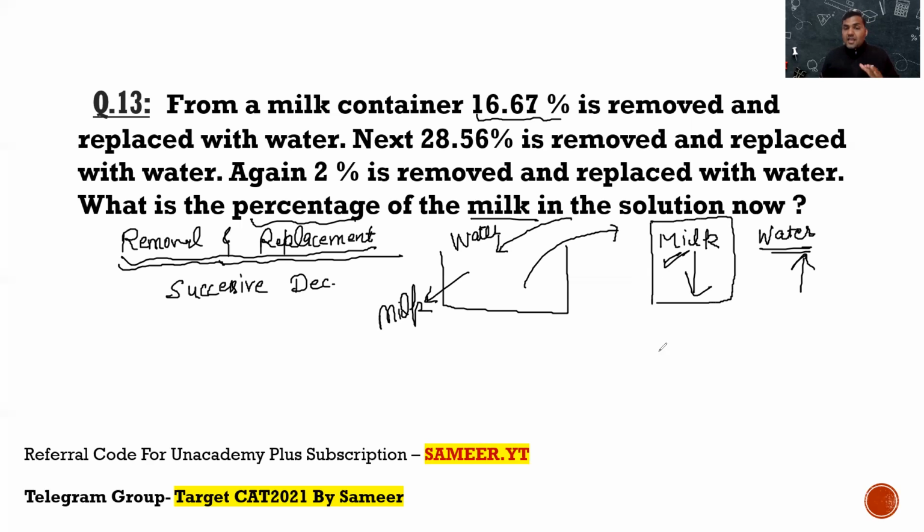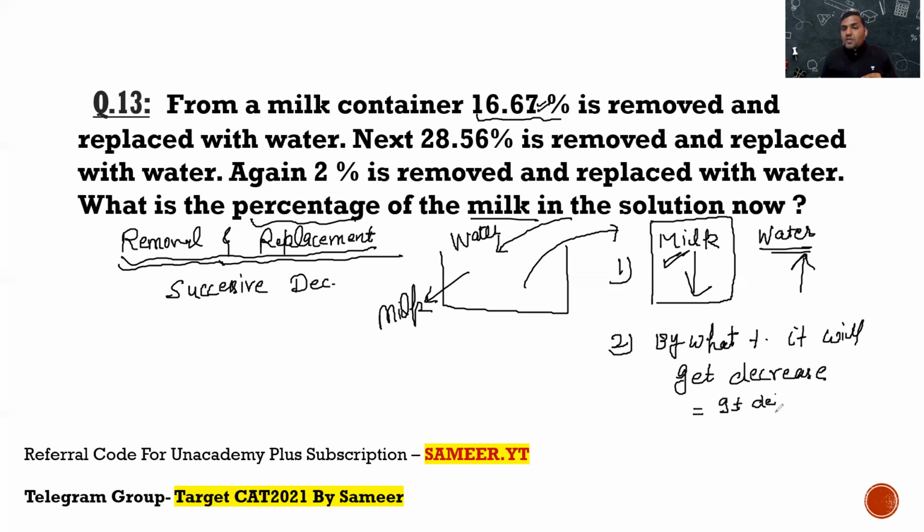Okay. The next question that you need to answer. So this is the first question that you need to answer, that which of the content will get decreased. The next question that you need to answer is by what percentage it will get decreased. This will depend on what part of the total solution you are removing. You see that in the first case, you are removing 16.67%.